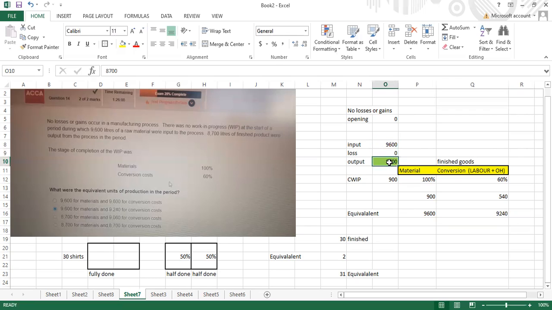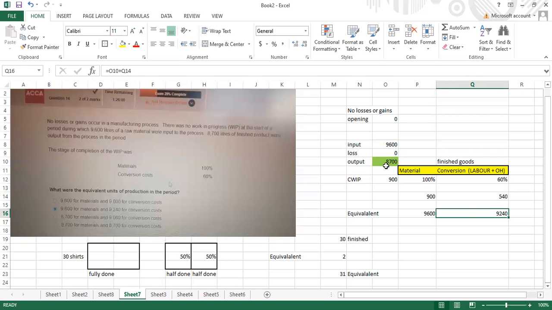So when output finished is this, and from material point of view it's completed, it means whatever you input in the beginning, you will get the same here. And now you will see this is 9240, because from conversion point of view, the closing work in progress is 60% complete. So 60% of 900 is 540.